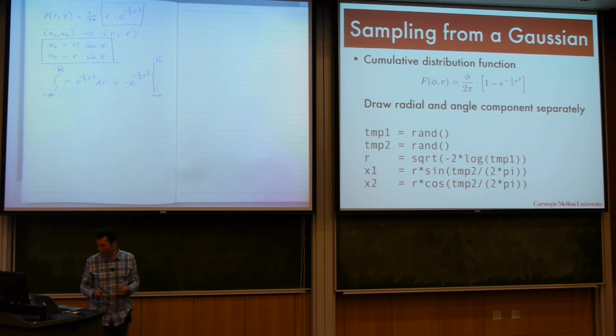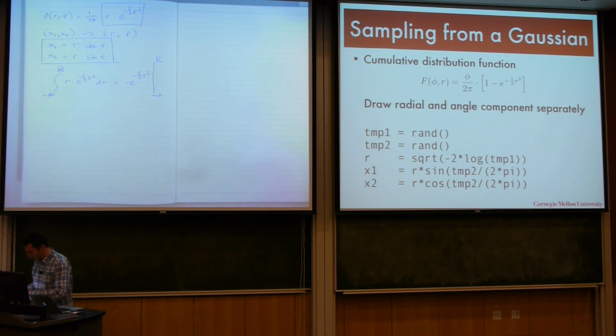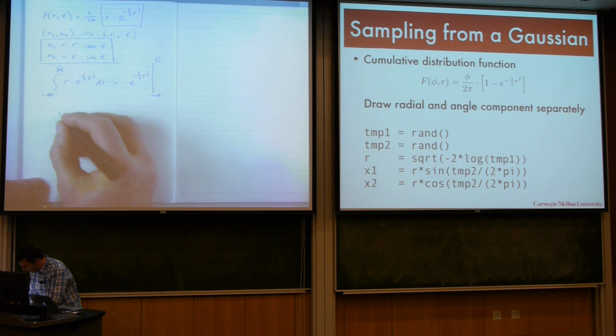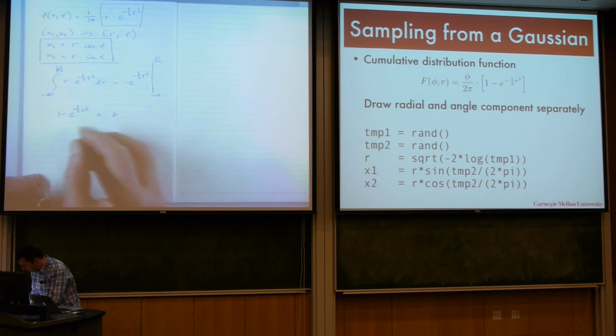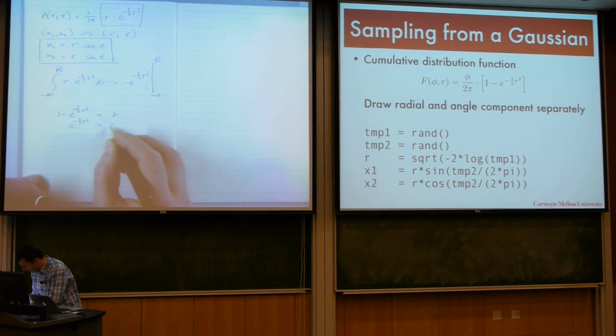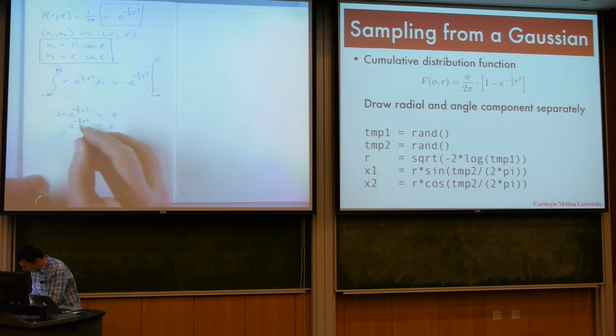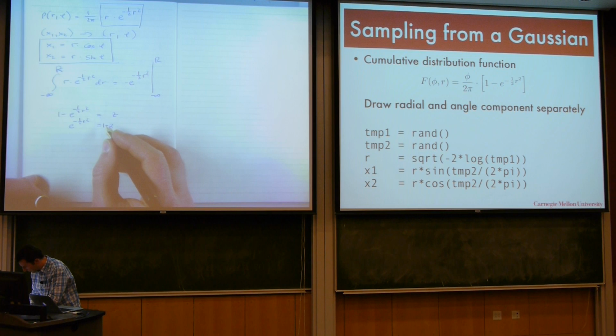So solving this first part, 1 minus e to the minus 1/2 r squared is some random variable z. So I get that e to the minus 1/2 r squared is 1 minus z.